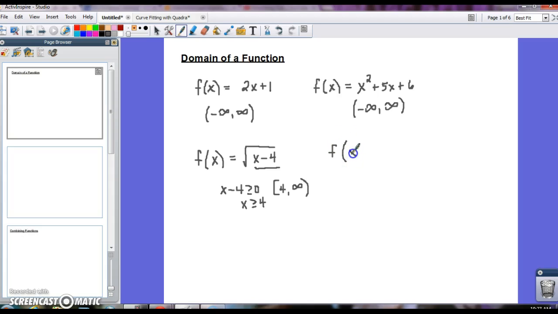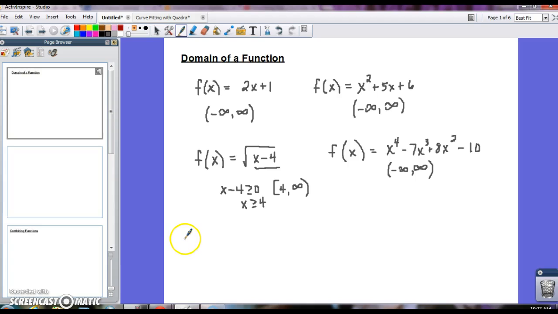I could have f of x is equal to x to the 4th minus 7x cubed plus 8x squared minus 10 or something along those lines. There are no restrictions on what I can plug in for x, and I could have any degree equation up here. But if it's a polynomial function, it's going to exist everywhere, so your domain would be all real numbers.